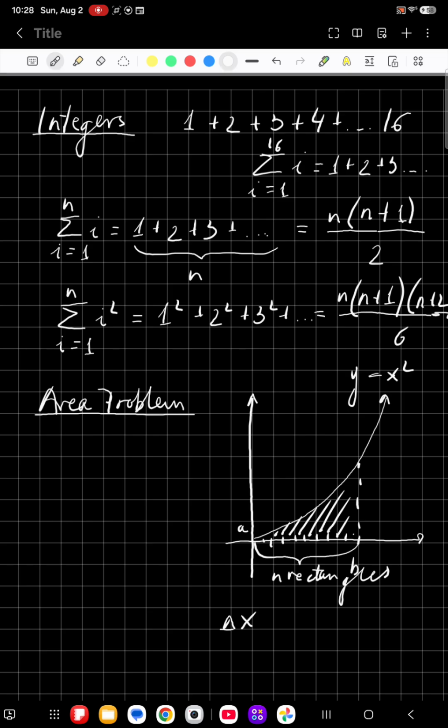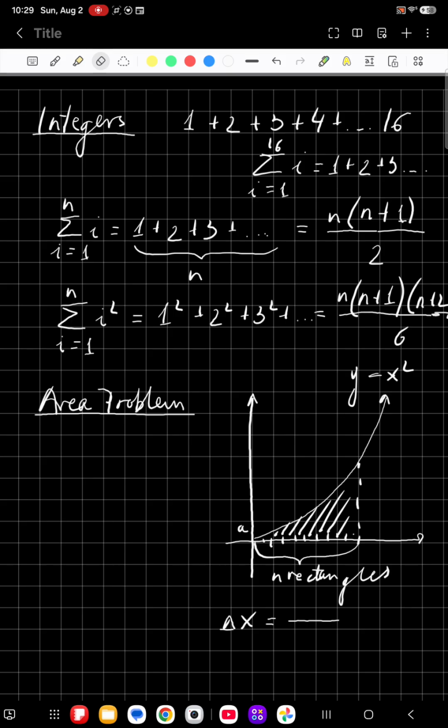It will be the whole distance, from here to there. To calculate the width of one of the rectangles, we take this distance and divide by how many of them we have.